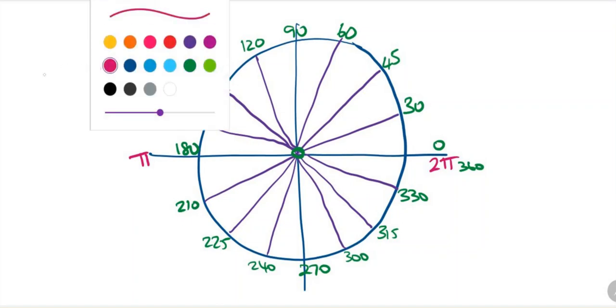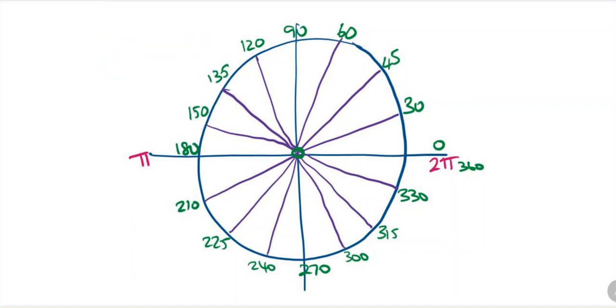Now if we go to the radians, we start from 0. The first one is going to be pi over 6, and then pi divided by 4, pi divided by 3, and this is pi divided by 2. You can see 180 divided by 2 is 90, so that's pi divided by 2.